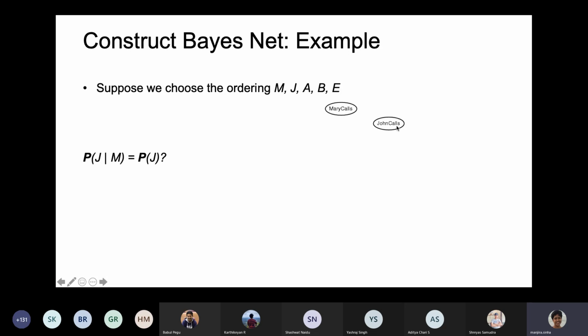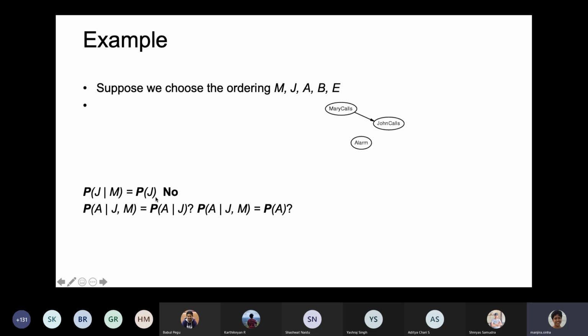Now how do I establish the connection? My first question is whether the probability of John calls given Mary calls is equal to the probability of John calls. No.